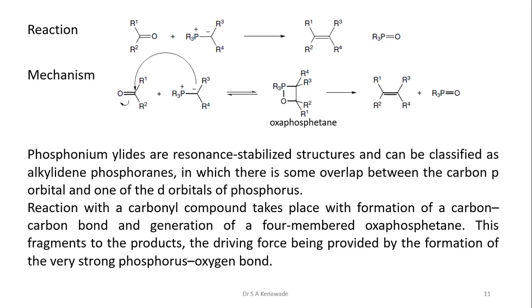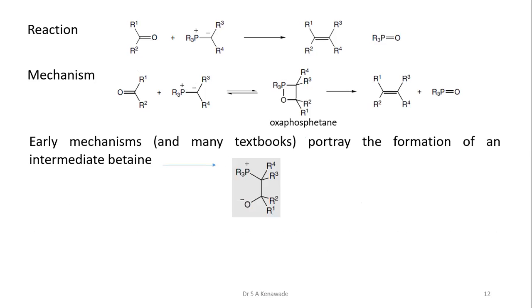This O- reacts with phosphorus, which is electron deficient, to form the oxaphosphetane complex, which rearranges to produce the alkene. In earlier mechanisms, or in some published books, a betaine intermediate is formed.